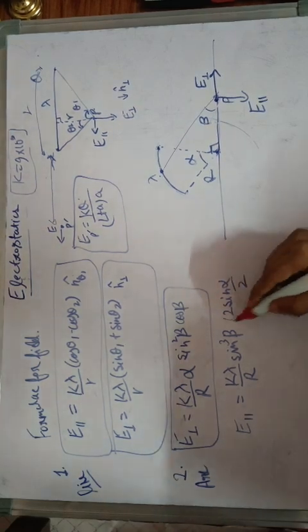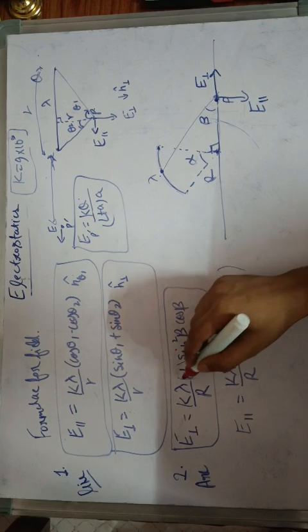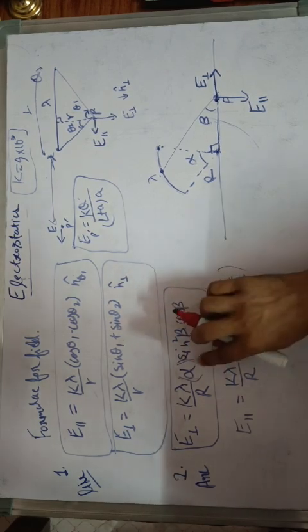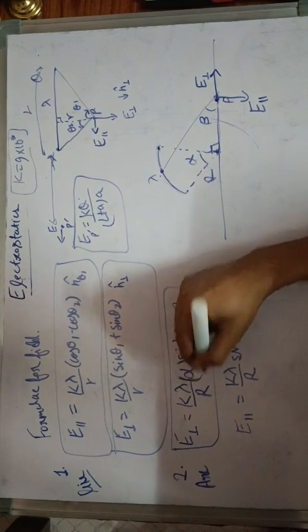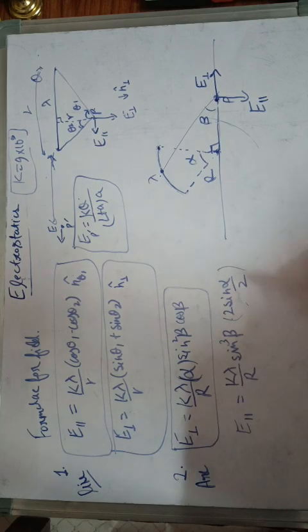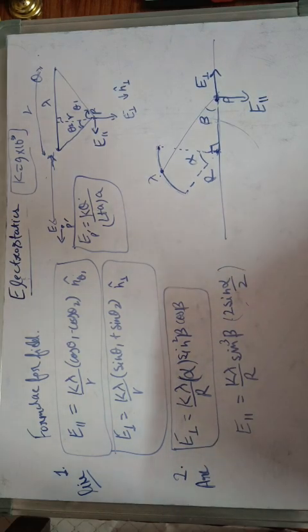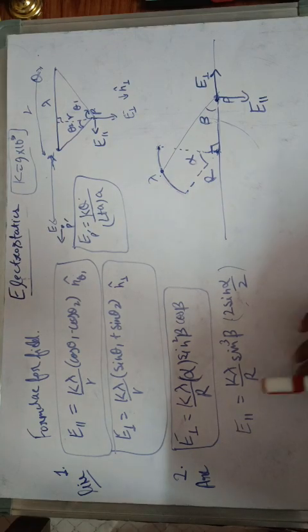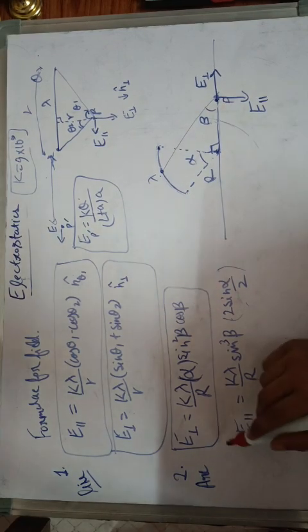So the formula for it is like this. The alpha term comes in this perpendicular like this, and in the parallel case like this. So the formula for these two is like this.